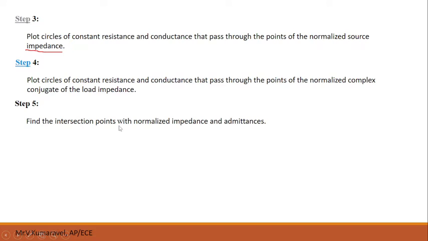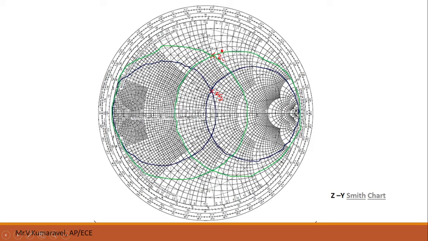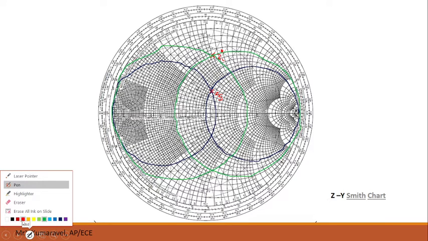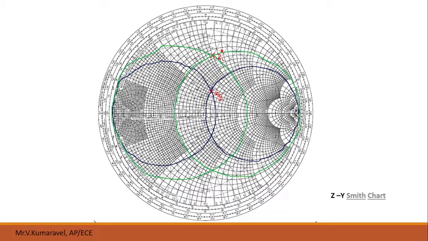Find the intersection points with normalized impedance and admittance. So now we need to find the intersection points. Here they intersect.